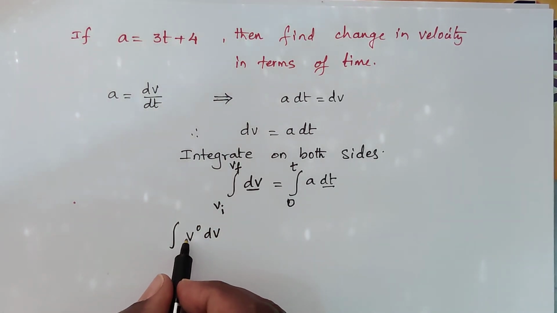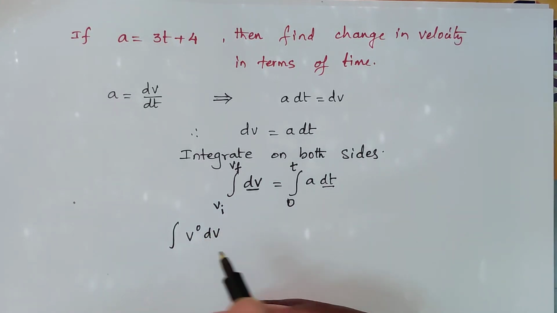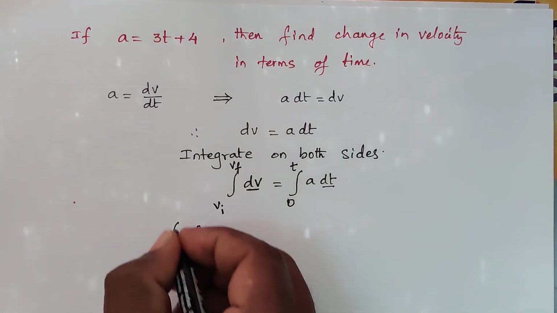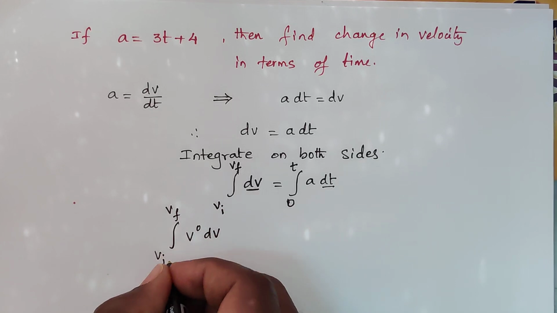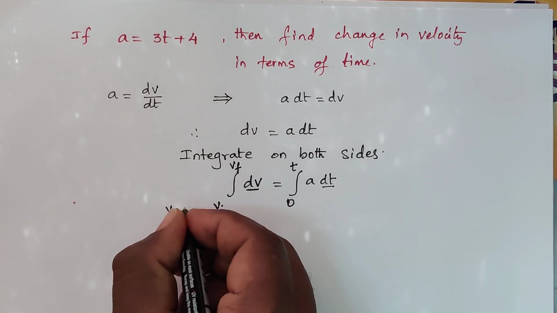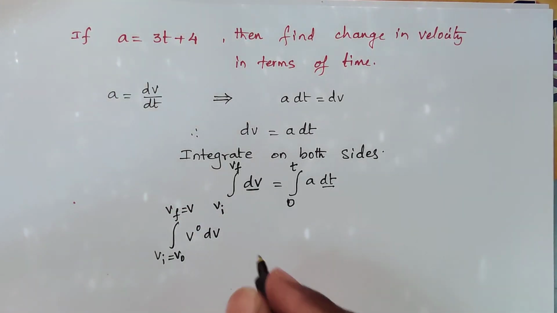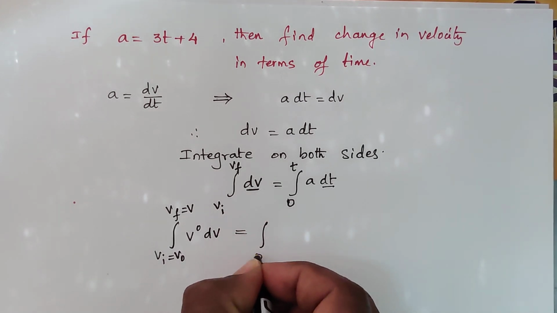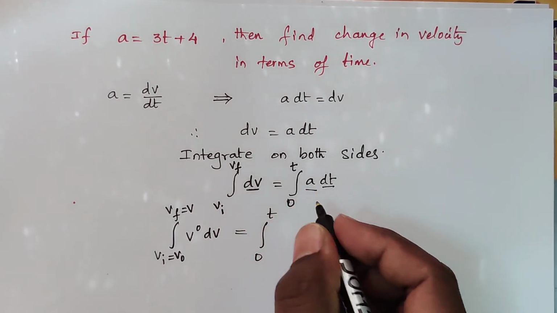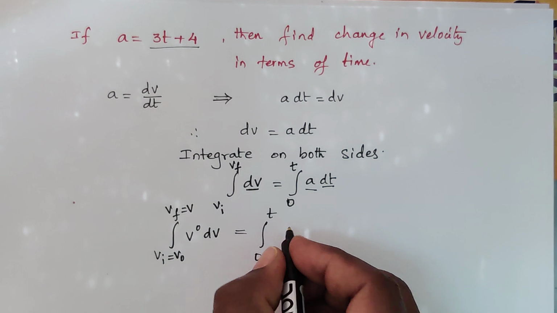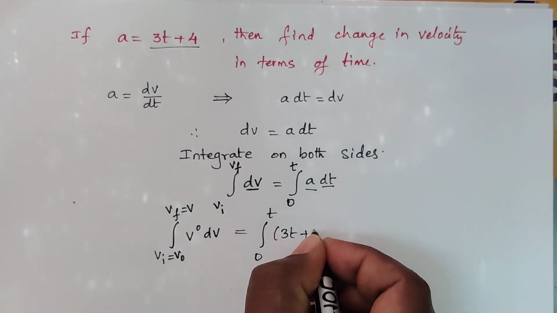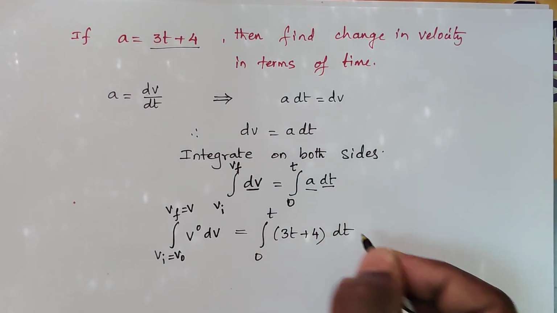V to the power of 0 is nothing but 1. 1 dv is nothing but again dv. Limits from vi to vf. Our initial velocity is nothing but v0 and final velocity is v, equal to integral 0 to t a. What is a here? A is given as 3t plus 4 into dt.